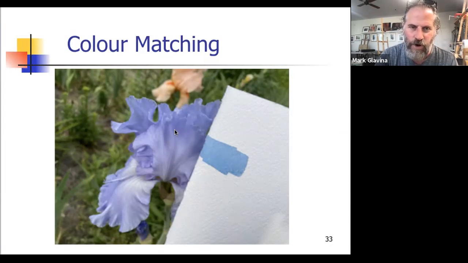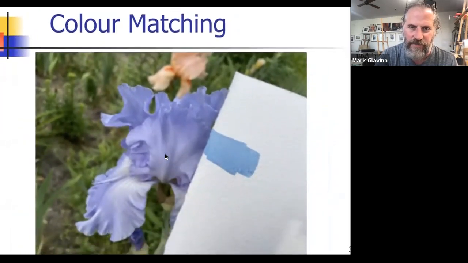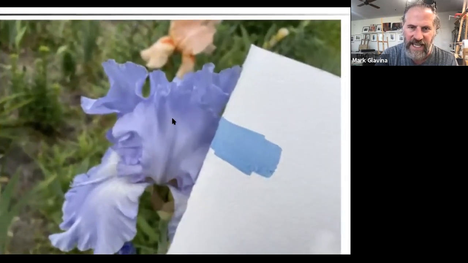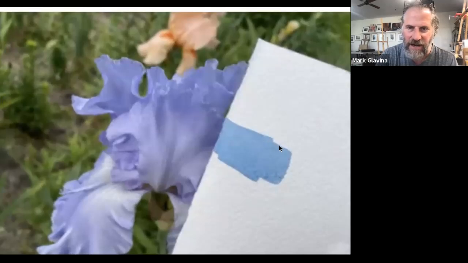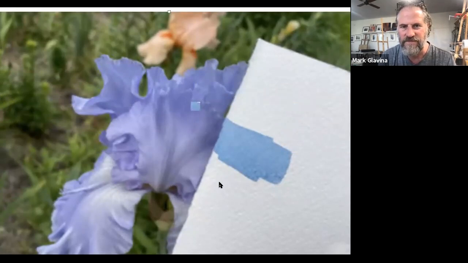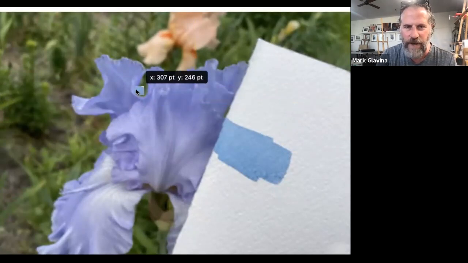Some of this leans more towards the red, more violety, and some of the edges you can see are more towards the blue. But when we take a small cube of this color and lay it over top, you can see this color requires way more red, way more alizarin crimson or rose madder, and it's also very transparent.